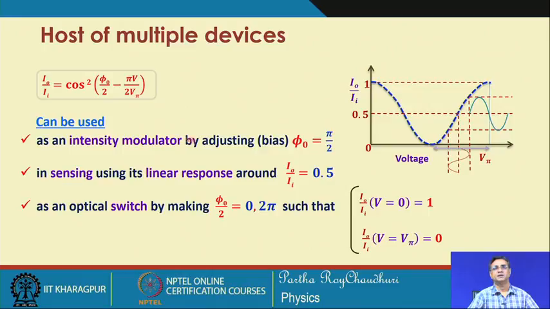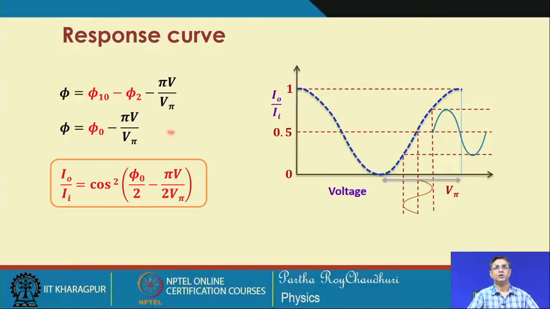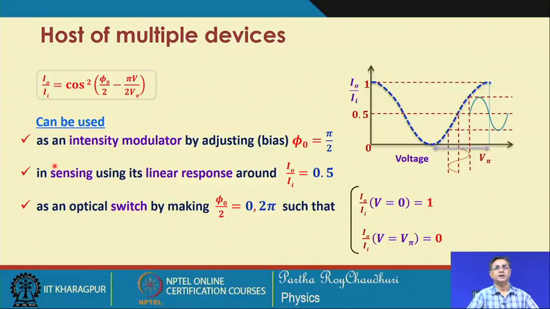In that case, you can use this Mach-Zehnder setup to control the intensity of the light in sensing using the linear response, where I 0 by I equal to 0.5. At this region, you can get a linear response. You look at this part of the curve, it is almost linear, and it can be used by making phi 0 by 2 equal to 0 or twice pi.